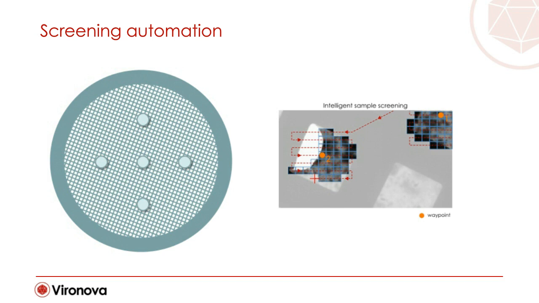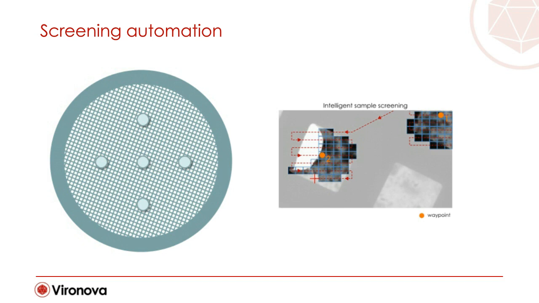To investigate sampling variability and preparation variability, it's a good idea to investigate different areas on the prepared sample grid. 5 or 9 areas are usually enough to investigate variability or trends throughout the grid. You can tell the software to visit pre-configured waypoints within a certain pattern, or you can manually, based on a low magnification assessment, tell the software which waypoints to investigate.